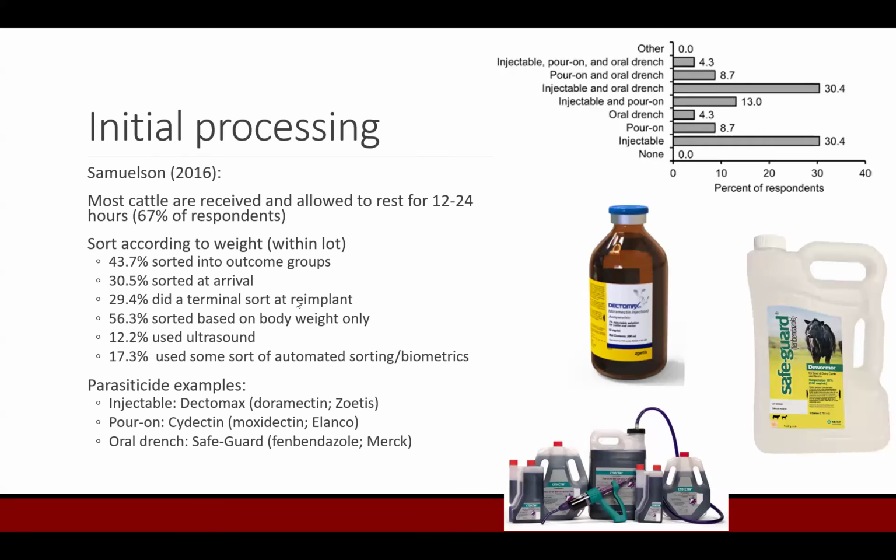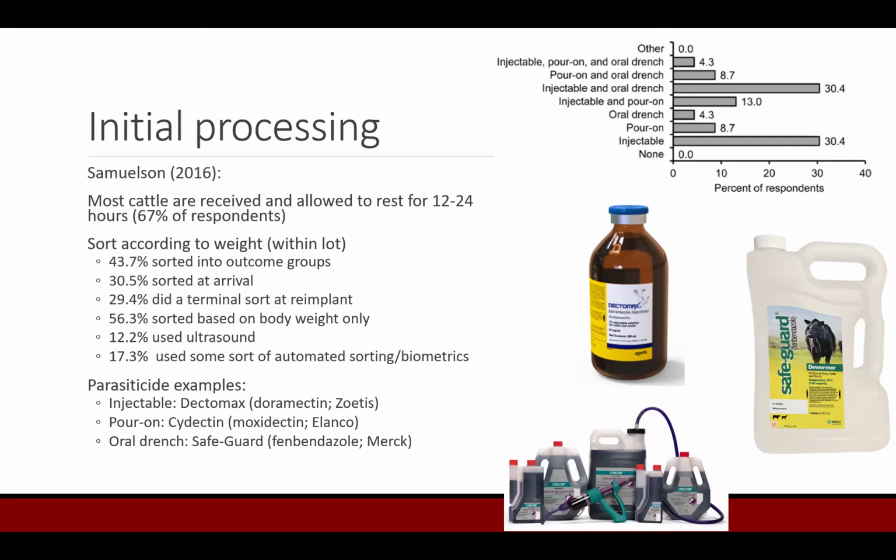So they may bring in all the animals, may not sort them initially, but at reimplanting, they'll then do a terminal sort. 56% sorted based on body weight only. Okay, 12% were using ultrasound. It's probably high, I think. And then 17% use some sort of automated sorting biometrics.